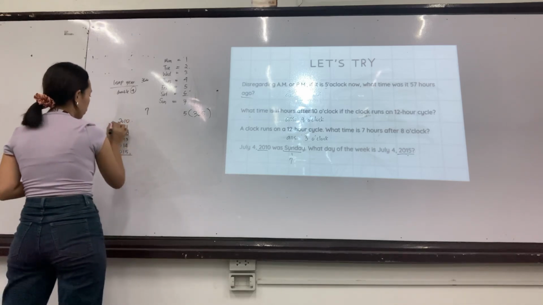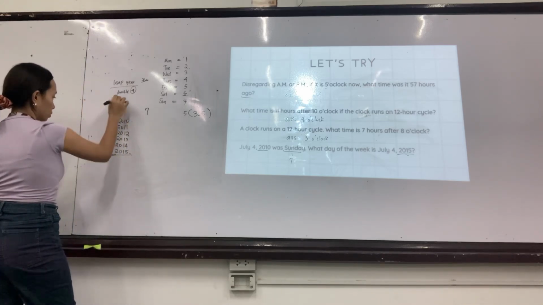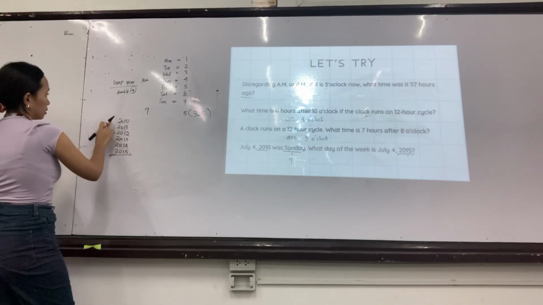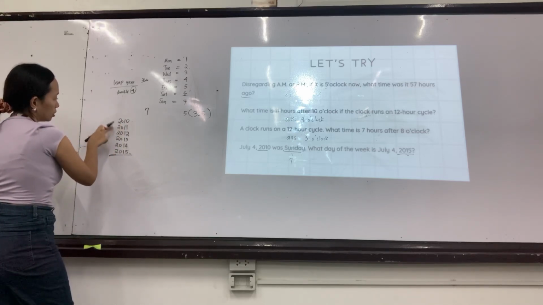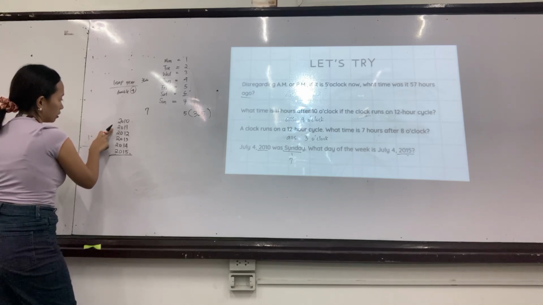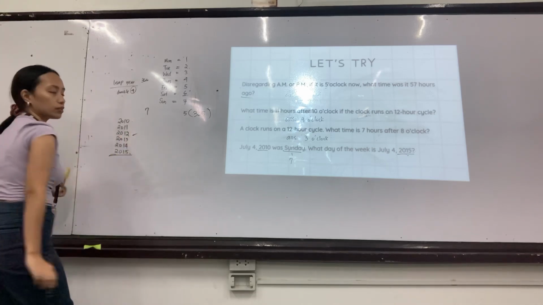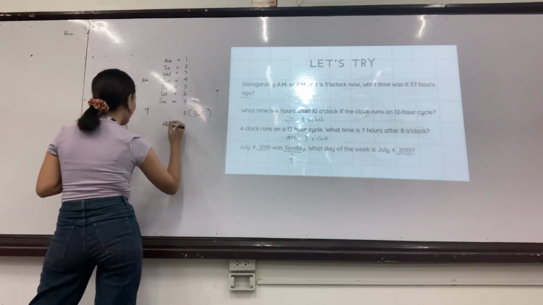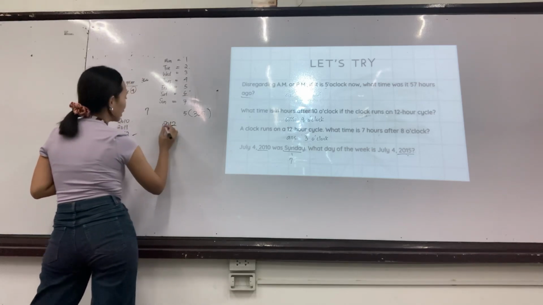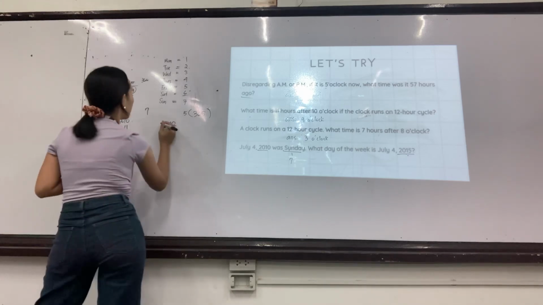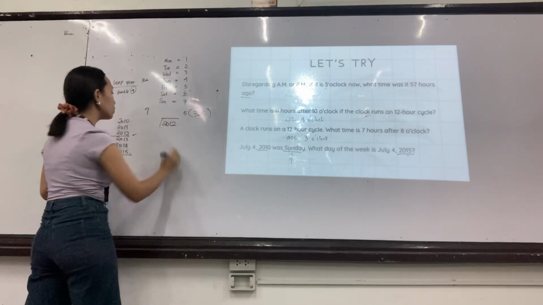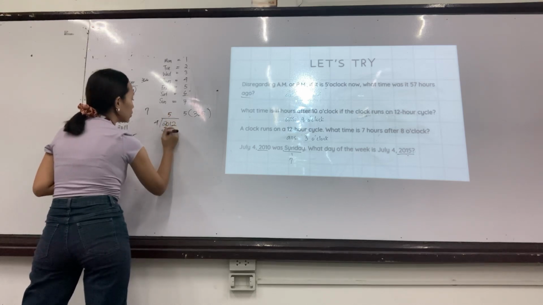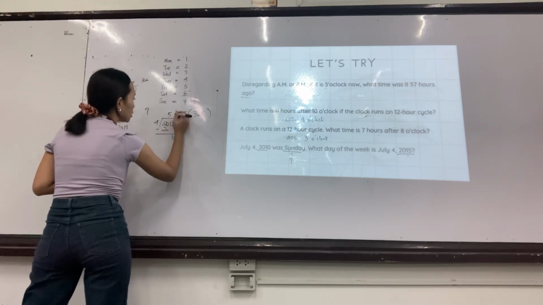And let's see if the numbers are divisible by 4. 2010 is not divisible by 4. 2011 also not. 2012 can be divided by 4, because 20 divided by 4 is 5, then 12 is 3.